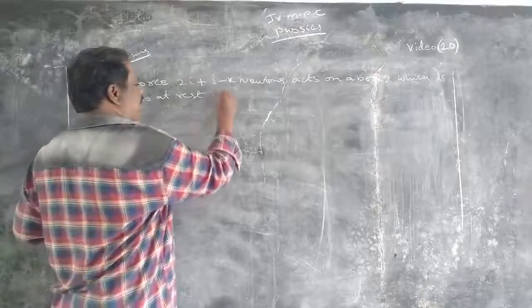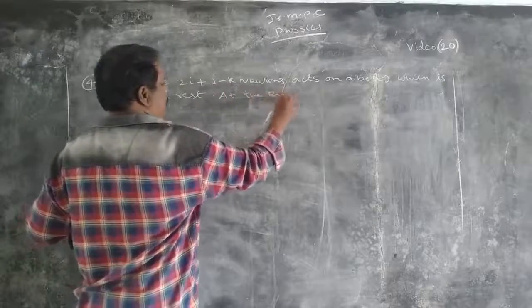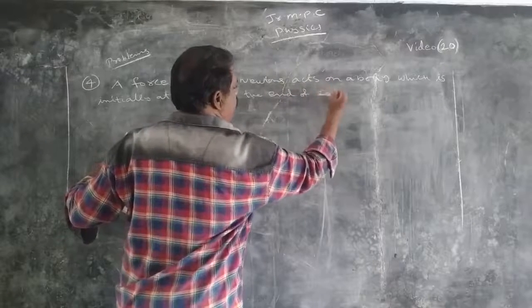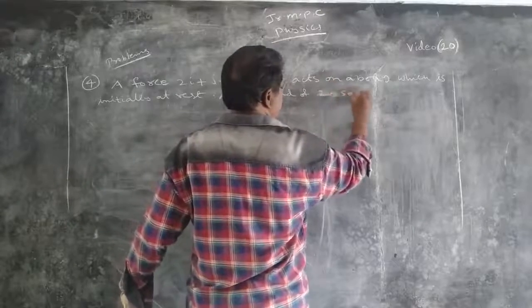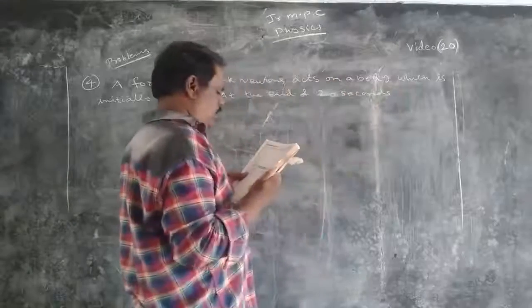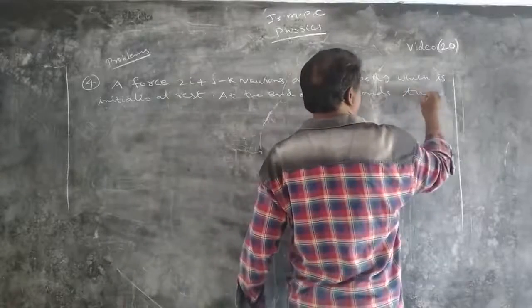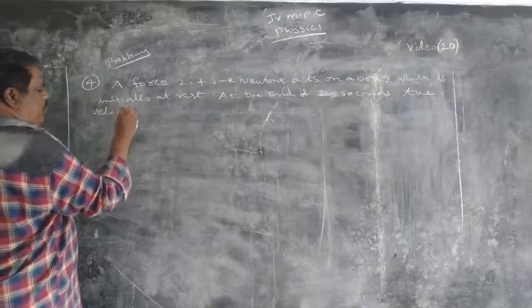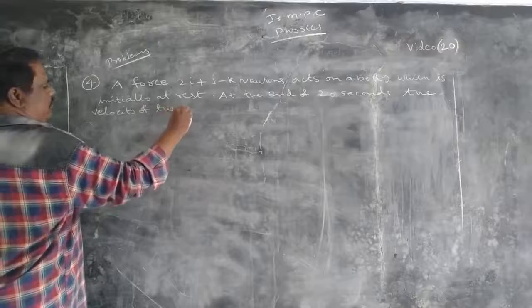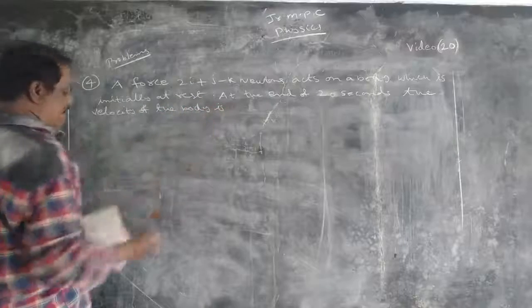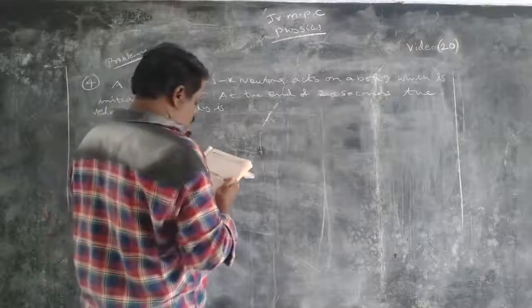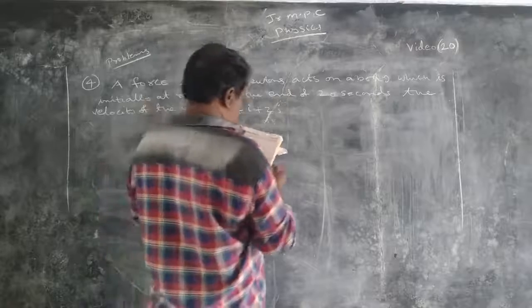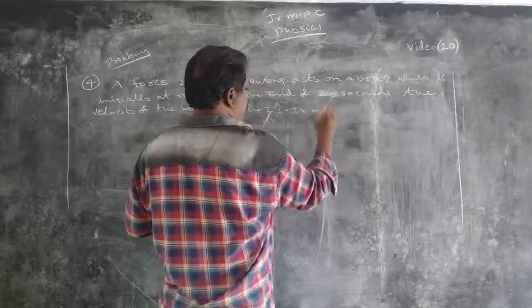At the end of 20 seconds, the velocity of the body is 4i plus 2j minus 2k meter per second.